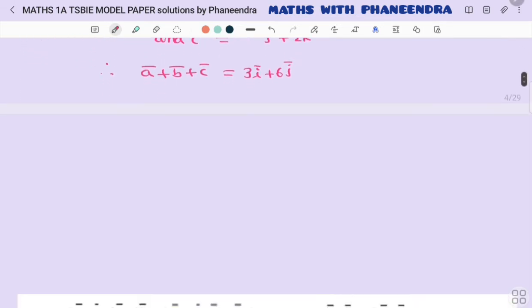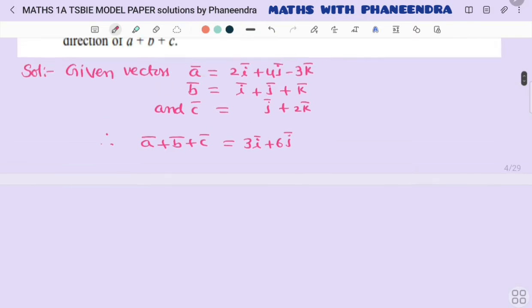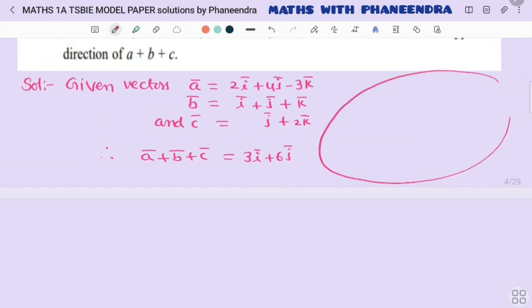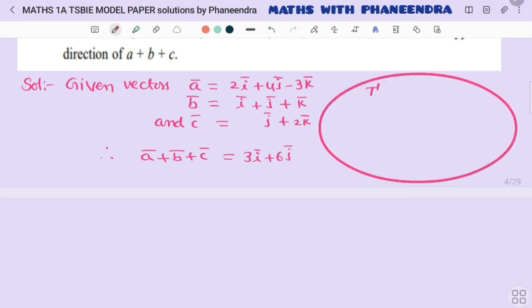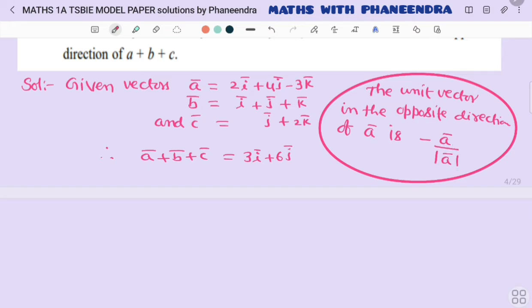Here also we have a formula, and here only I will mention it. The unit vector in the opposite direction of a bar is minus a bar divided by modulus of a bar.